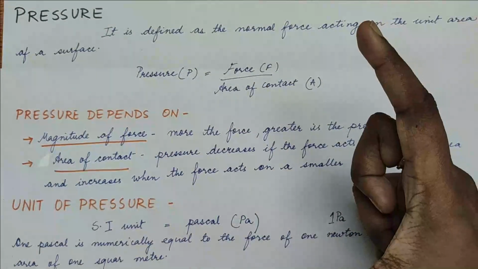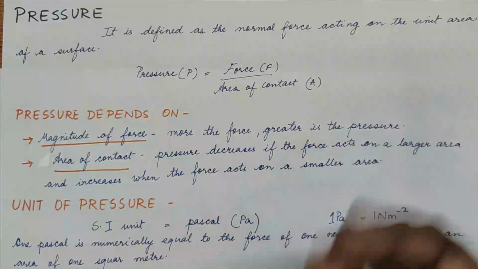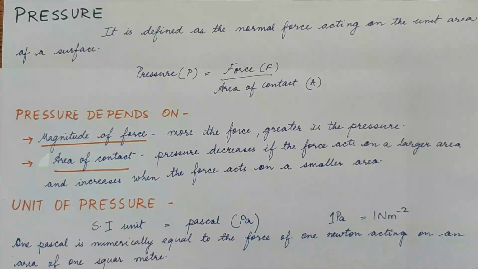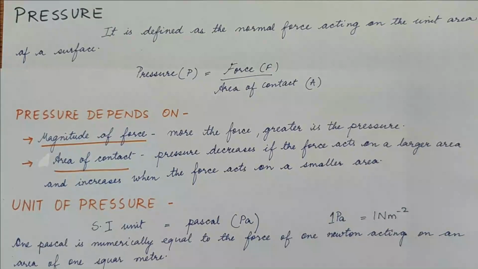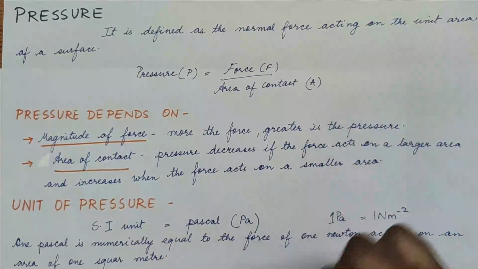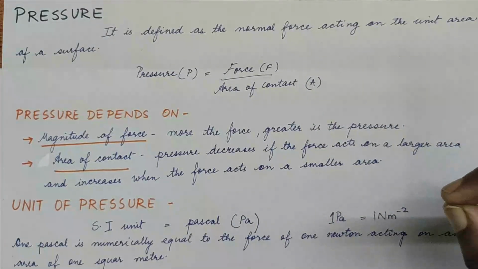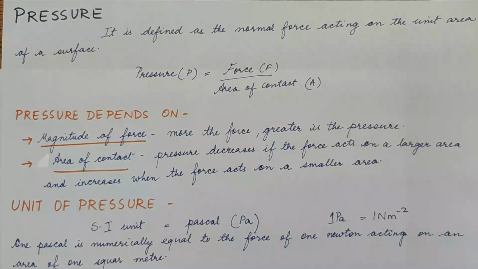More area of contact means lesser pressure will be applied. For example, when you wear heels, the area of contact decreases, and so the pressure on your legs increases. But when you wear flat slippers, the area of contact is more, and so the pressure on your feet decreases. So I hope you are able to relate these points.